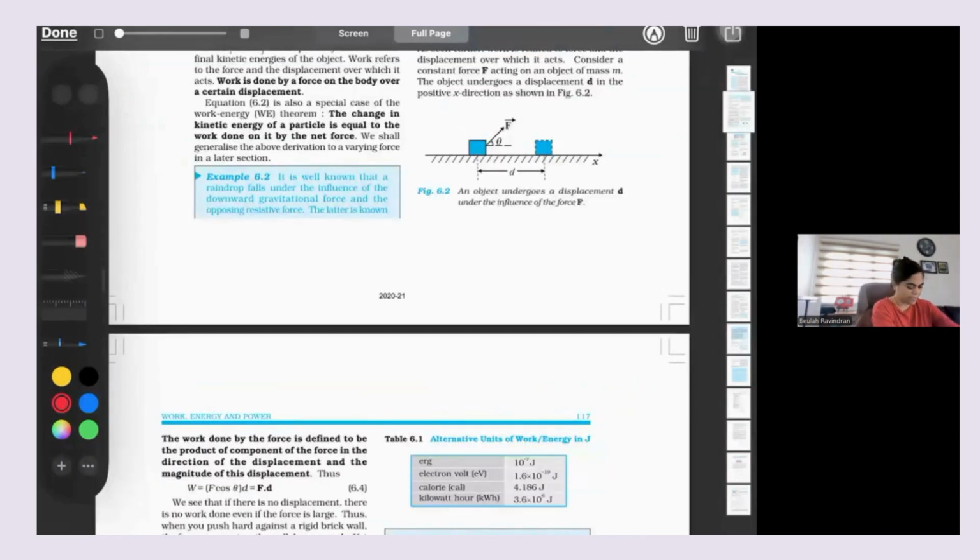Write this example. When the body is projected upward, force of gravity is opposite to the direction of motion.